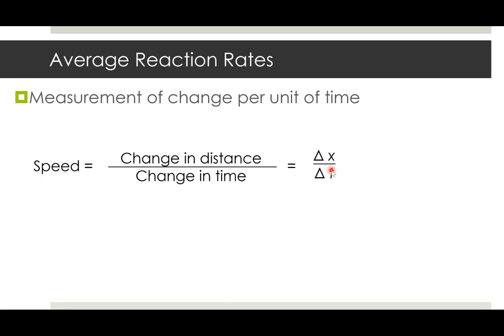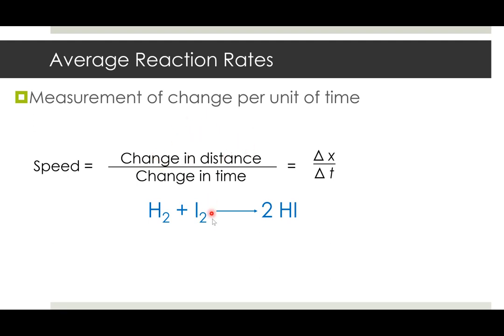When we're looking at chemical reactions, however, we're not talking about the speed. What are we talking about? We're talking about the amount of our reactants. We're talking about the amount of our product. So the bottom is still going to be the same. We're still going to monitor this over some given amount of time. But on the top, we're going to look at change in concentration.